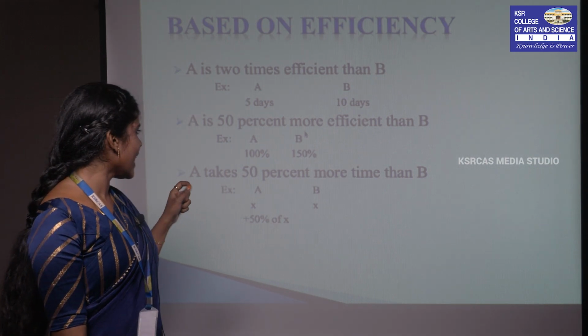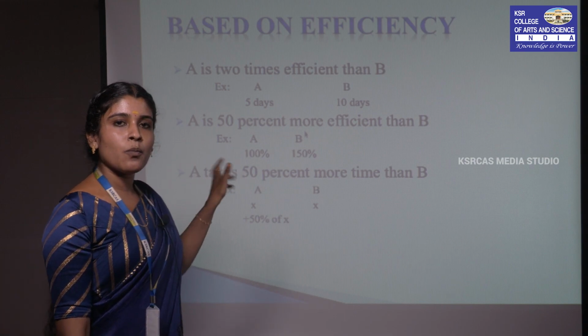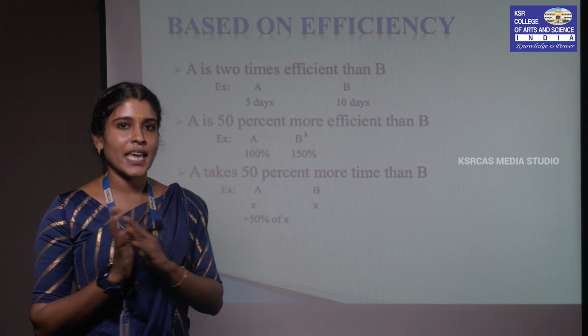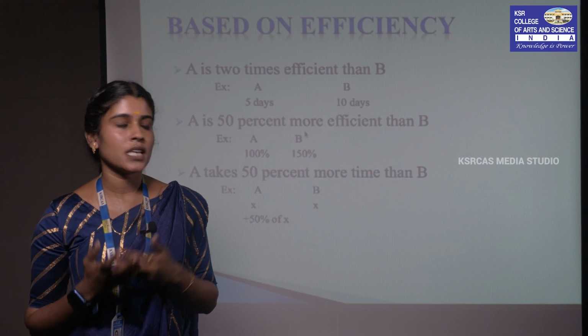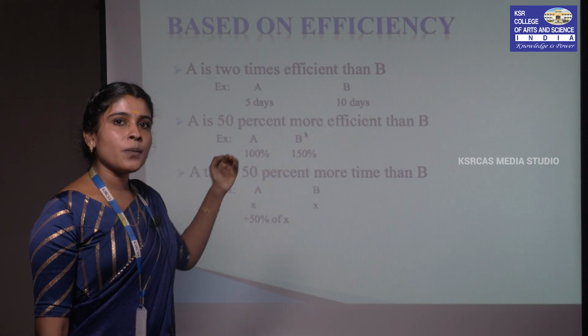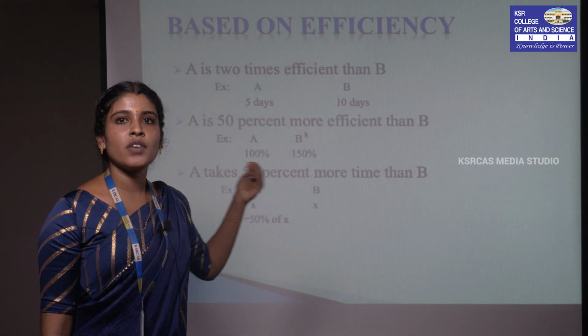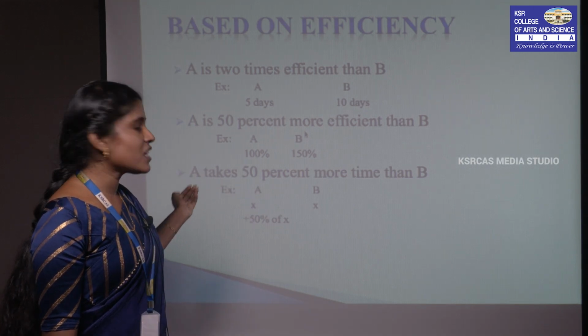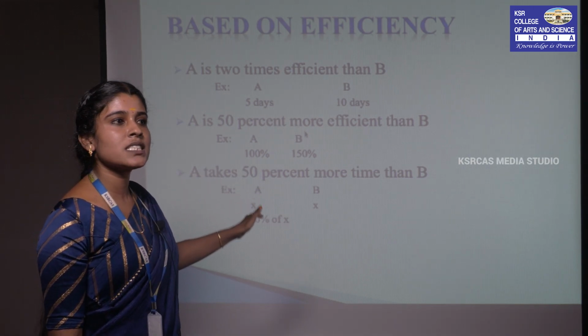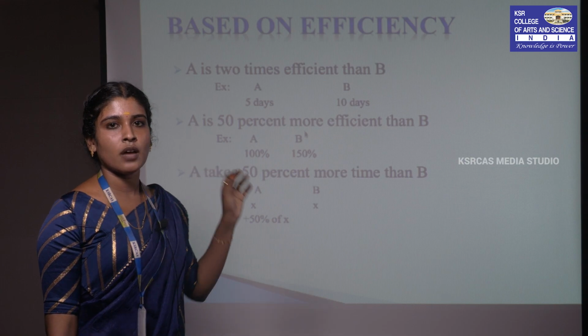Here we assume B completes the work in X days, but A takes 50% extra time, so A takes X plus 50% of X. These 3 concepts are very important to solve the problems.